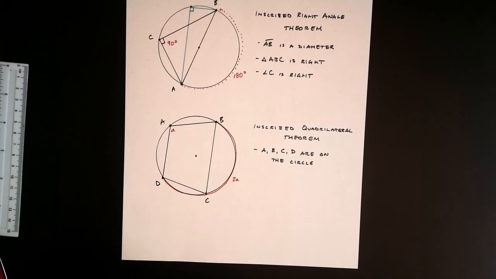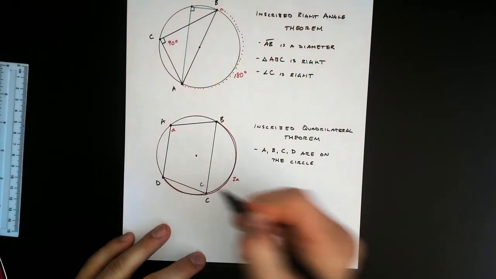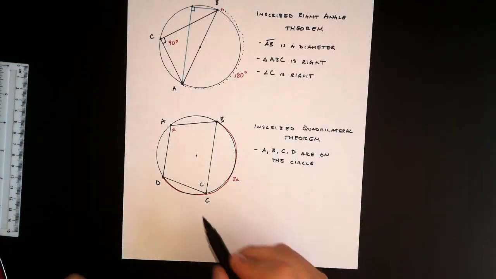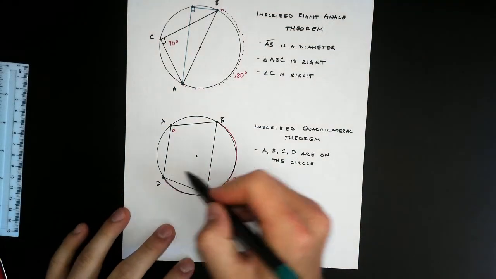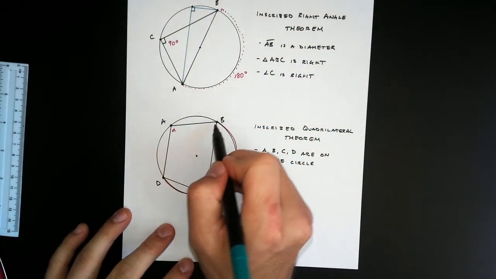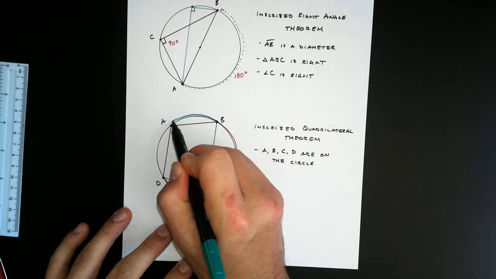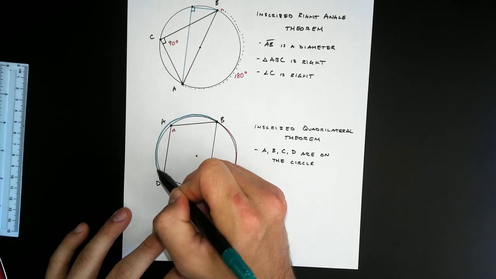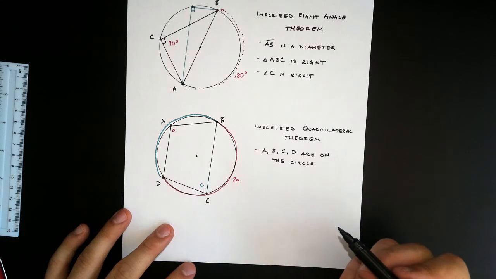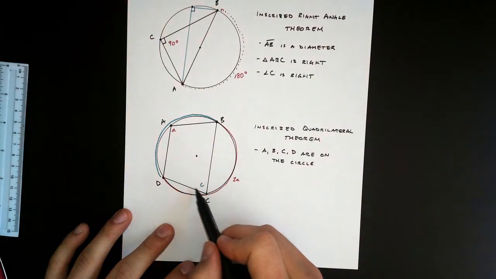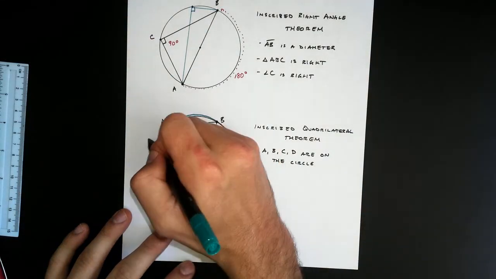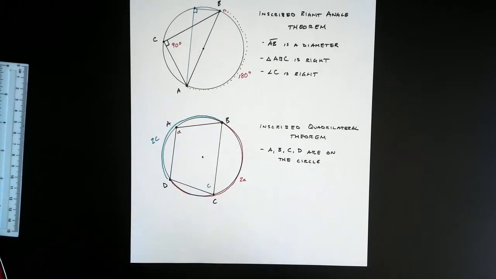And now if I take a look at C, there's C, however big that is, that inscribed angle matches up with the arc from B to D going the other direction, like that. And this is half as big as that, so this has a measure of 2C.